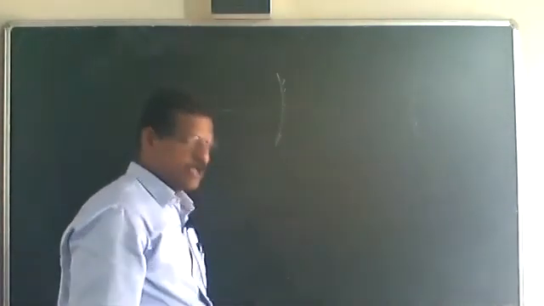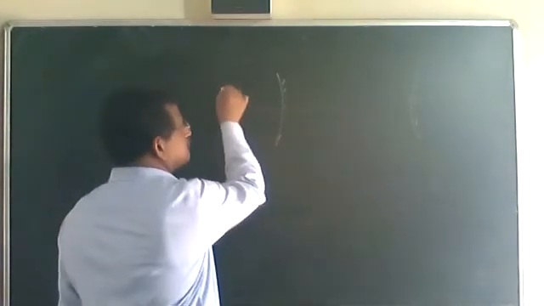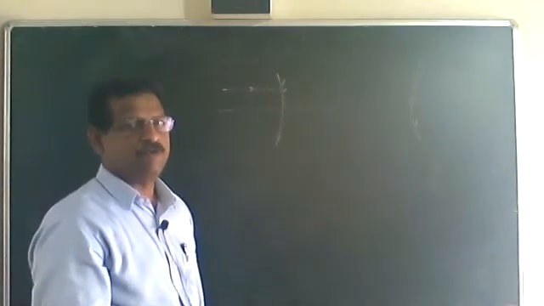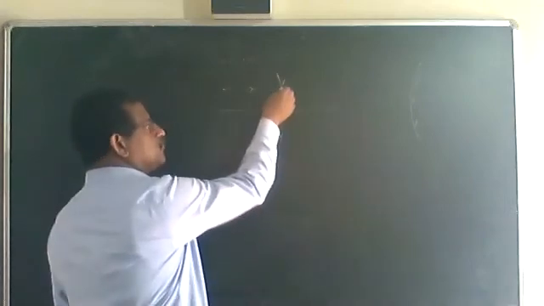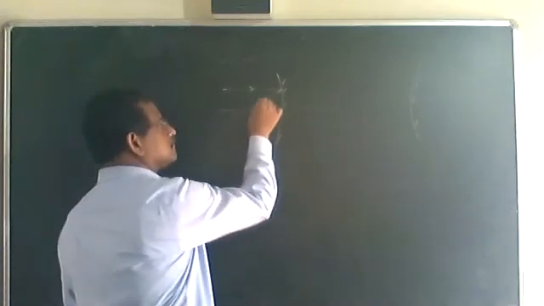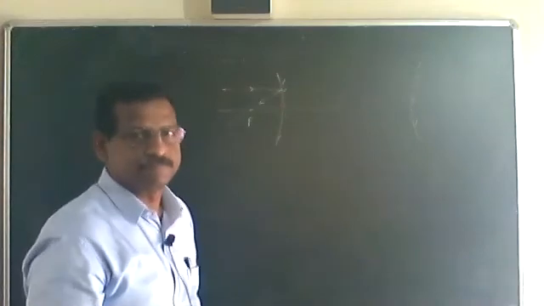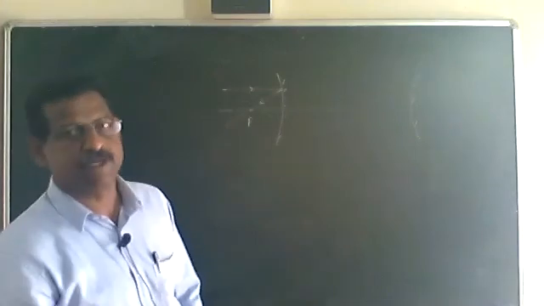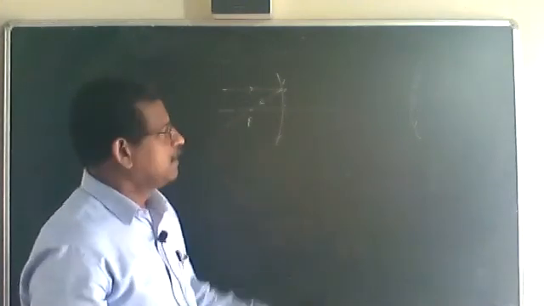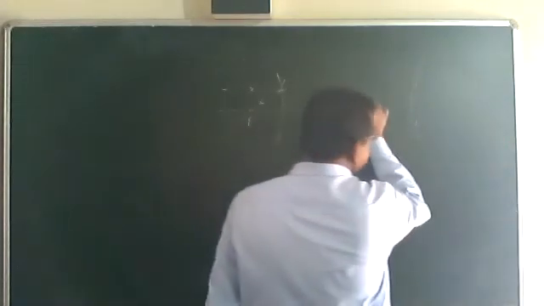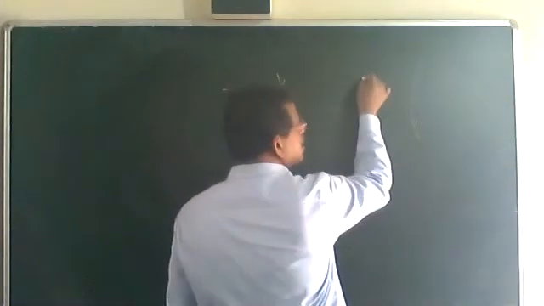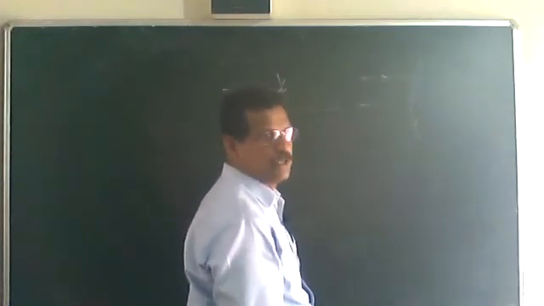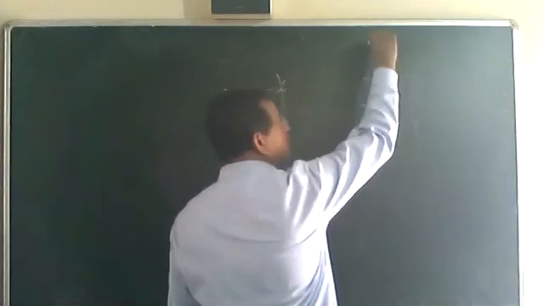Concave mirror, ray parallel to principal axis. After reflection, it passes through the focus. This is the first ray we consider in all cases. In the case of convex mirror, ray parallel to principal axis, after reflection, it appears to come from the focus.